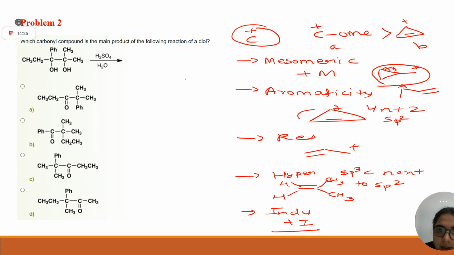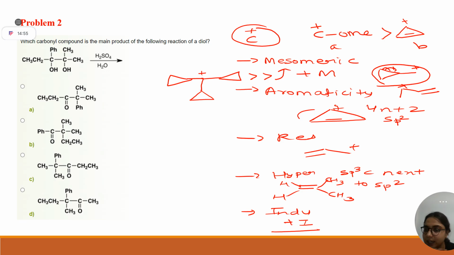That's why, above mesomeric, the most stable carbocation is this cyclopropyl carbocation. This is also known as dancing resonance, if you have studied it anywhere in your coursework. This is more stable than your mesomerically stabilized carbocation. So keep this in mind.